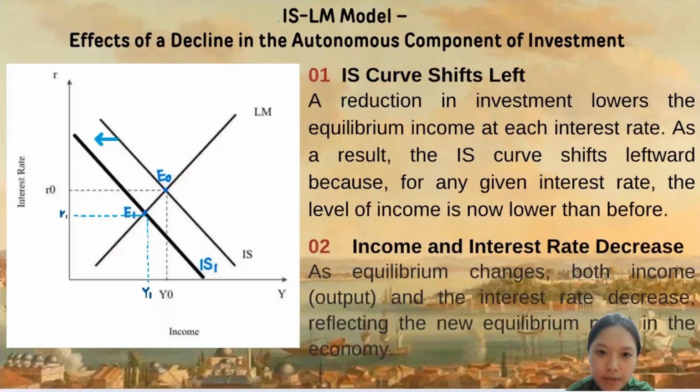Judging by the image, first, the IS curve shifts left. A reduction in investment lowers the equilibrium income at each interest rate. As a result, the IS curve shifts leftward because for any given interest rate, the level of income is lower than before.